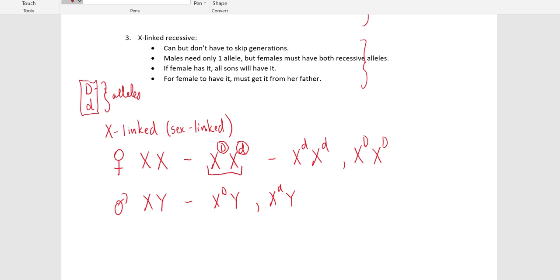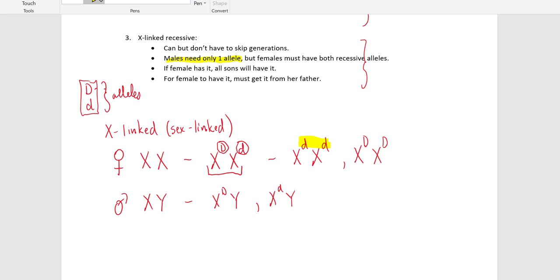They have no other X chromosome to contain two alleles for the trait. So as it says in the notes, males need only have one allele, but females would have to have both recessive alleles in order to show a sex-linked recessive or X-linked recessive trait.